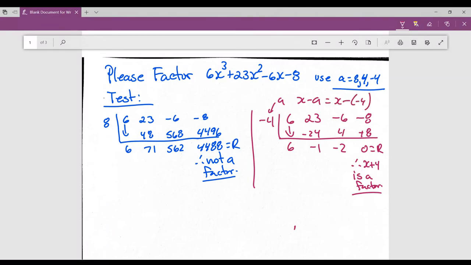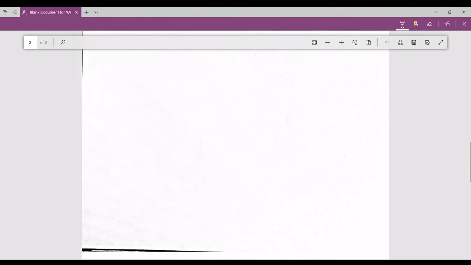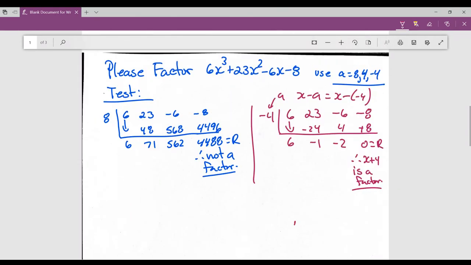And then, sorry, we always write it as dq plus r, my divisor, x plus 4. My quotient is this bit, which is going to be 6x squared minus x minus 2. And the remainder is 0, so nothing else goes there.